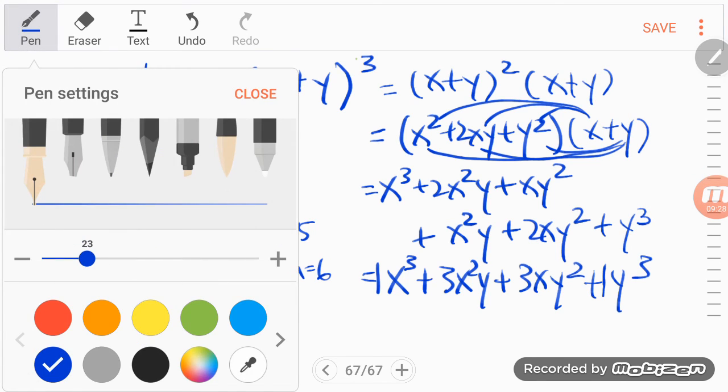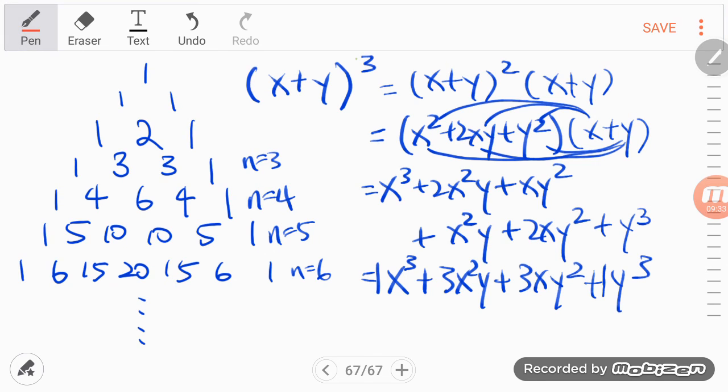Let me highlight a few other patterns, a few other patterns that are more subtle, which I'm hoping you guys can pick up from this video. Cool. So we already know that the coefficients, we can get from the Pascal's triangle, and that's cool.